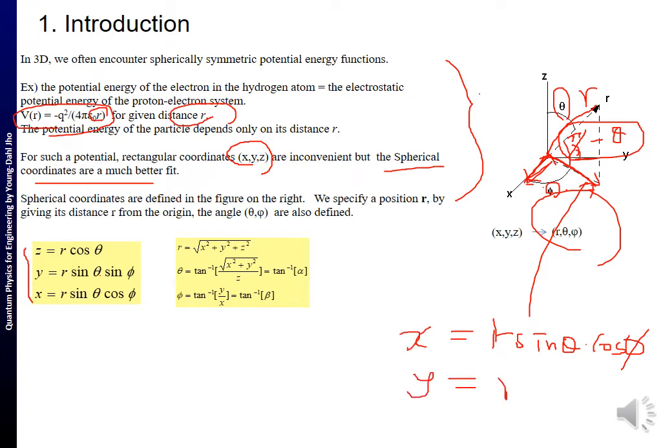Likewise, r sine theta multiplied by sine phi is y. And z is r cosine theta.